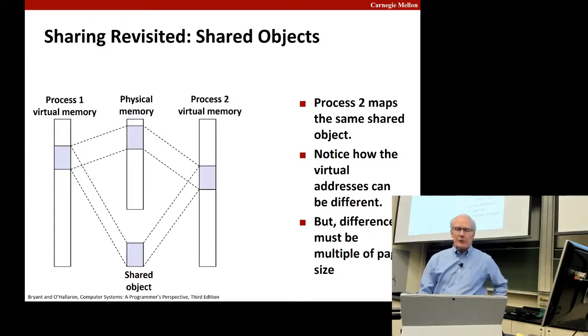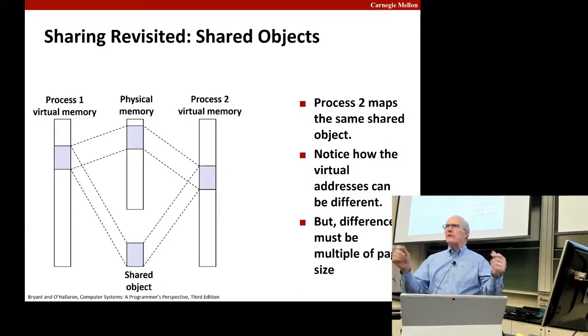Now if a second process comes along and requests that same file be mapped into its address space, instead of making a second copy in physical memory, it will just create pointers from both processes to this same part.